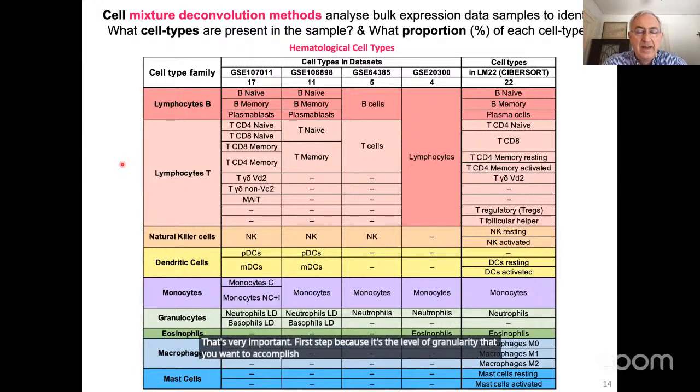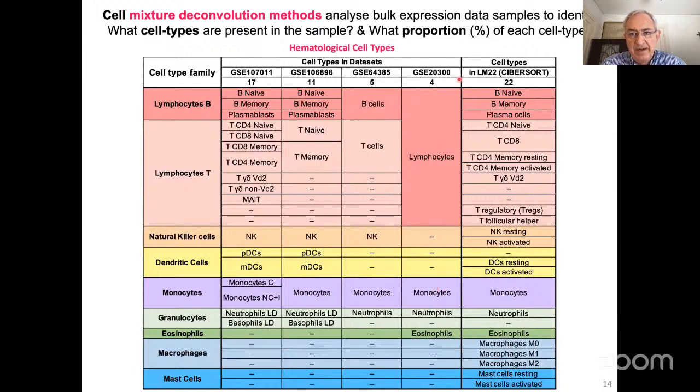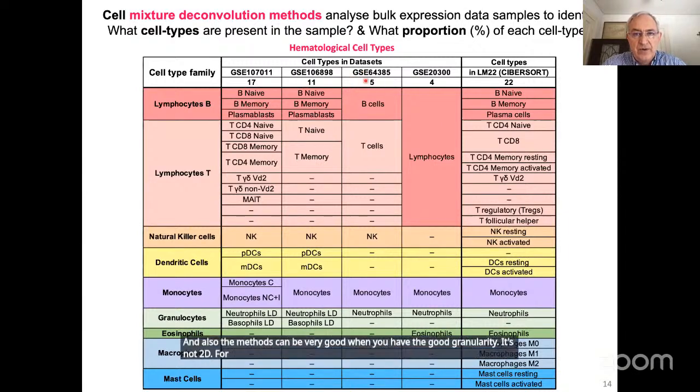This is critical because in these different data sets, you can see the number of cell types that they identify is different. In this one, for example, it is only 4, here 5, 11, 17. So this is a first decision that you have to make. The method can be very good when the granularity is not too deep, for example 10 or 9 different cell types or subtypes, but when you go to many more, it may start to fail.